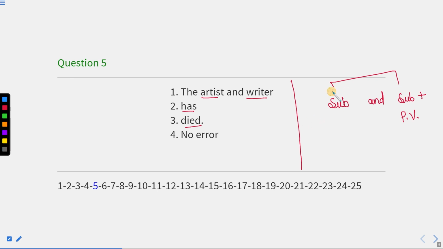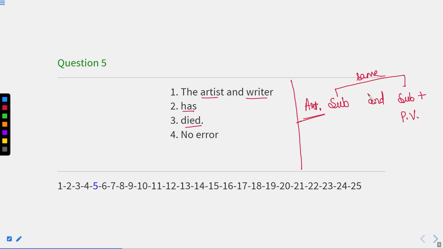But if we have an article before one subject, and we do not have any article before the second subject, that means these two subjects are the same. Also, the condition is there that these two words are used for the same person.